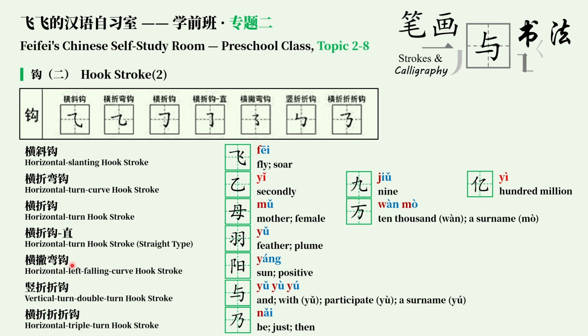横撇弯钩 horizontal left falling curve hook stroke. This is a multi-step stroke. Horizontal, left falling, curve right, upward hook. When writing, first draw a short horizontal stroke. Pause to turn down and left, short left falling stroke.